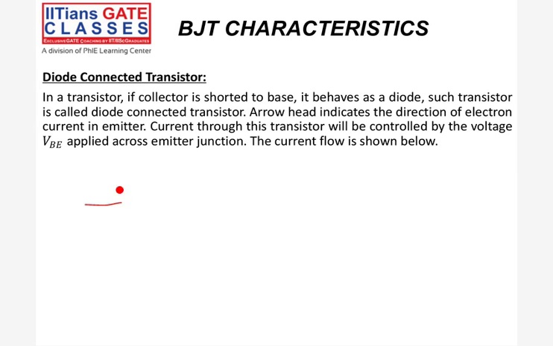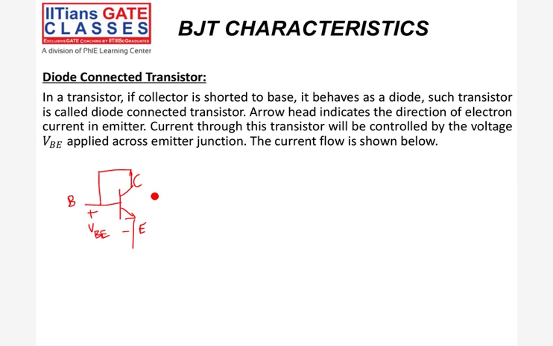I have one transistor. This transistor looks like this. This is base, this is collector, and this is emitter. So these three terminals are there. And this voltage, plus and minus, I'll say this is VBE.